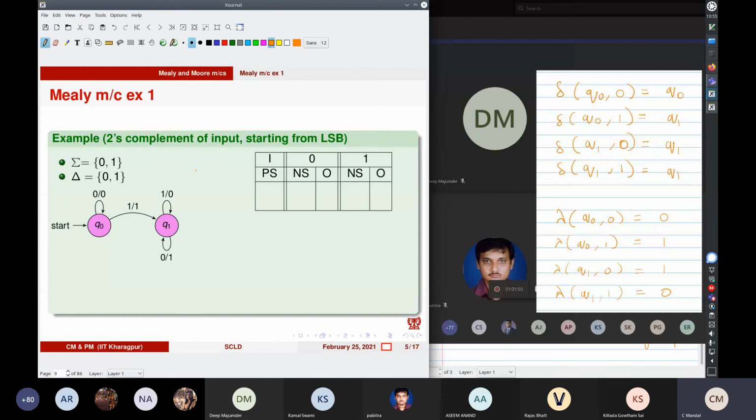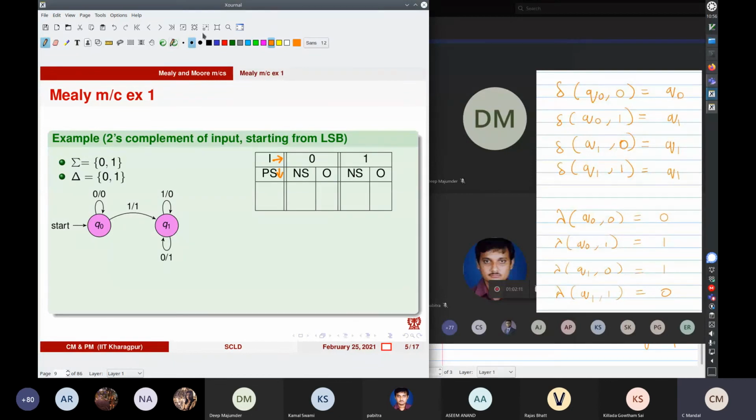All right. So you have the present state, and what we are saying is that this is the input, and present state is here.